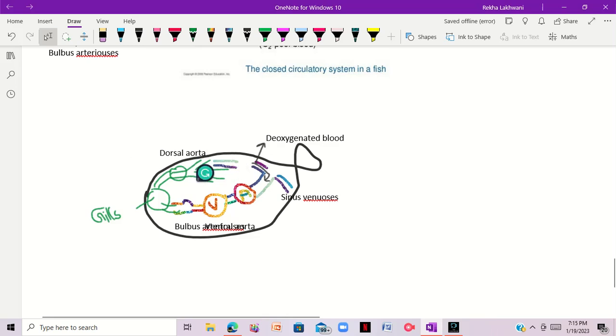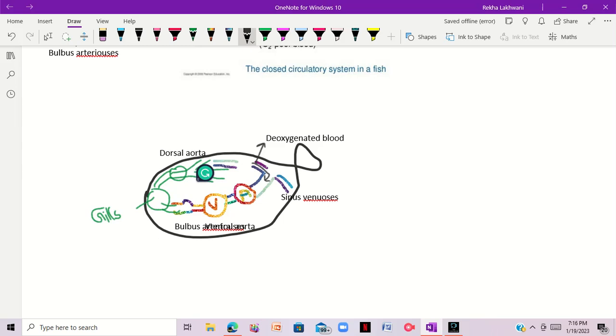So as you can see, the deoxygenated blood first, through the vein, entered the sinus venosus, then sinus venosus to atrium, then atrium to ventricle, then ventricle to the ventral aorta. The swollen part of the ventral aorta is known as the bulbous arteriosus, then bulbous arteriosus to gills, and the gills add oxygen to the deoxygenated blood.